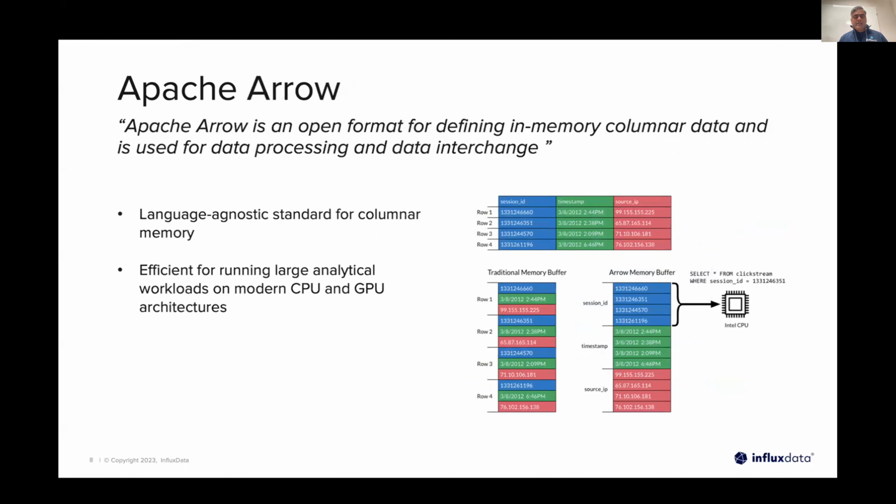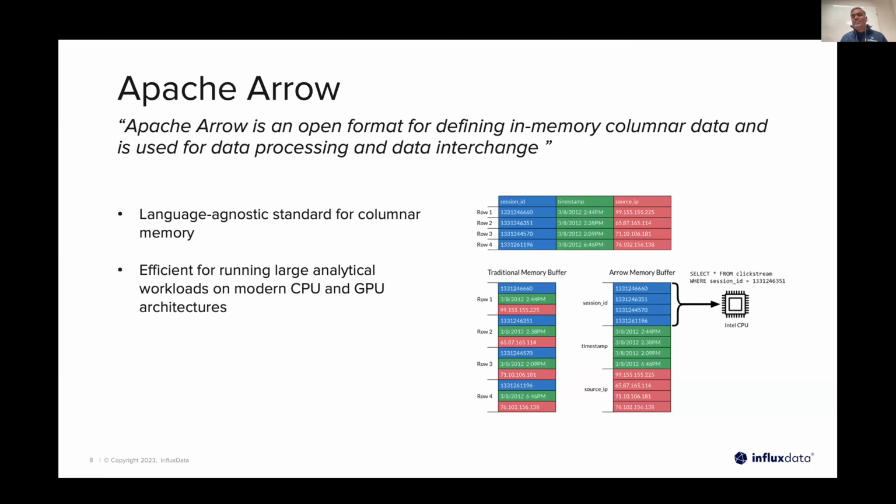Apache Arrow is, again, an open source, open format that defines in-memory columnar data. If you're building distributed systems and you use Apache Arrow, it's very useful for interchanging the data back and forth. You have an ingester, you have a querier, which are both using Apache Arrow. One of the things it does is it doesn't do serialization and deserialization, which is, basically, when you send things over the network protocol, you have to serialize them, and on the other end, you deserialize them.